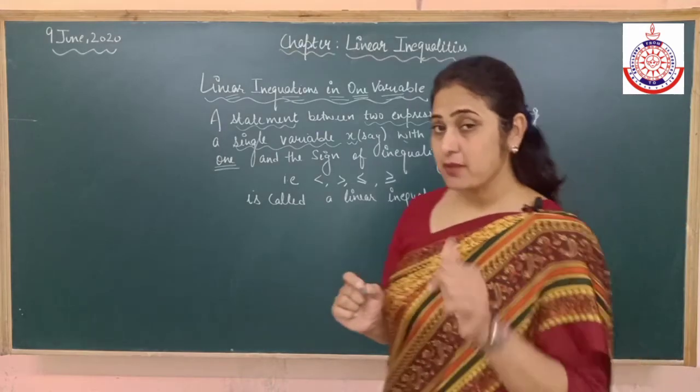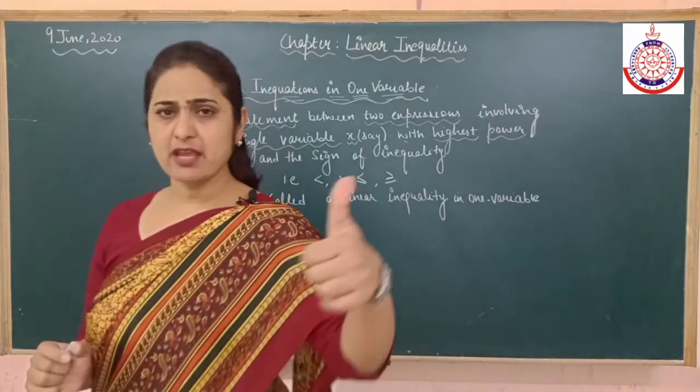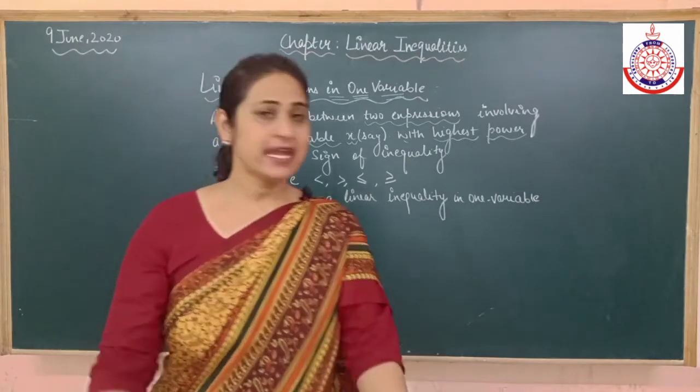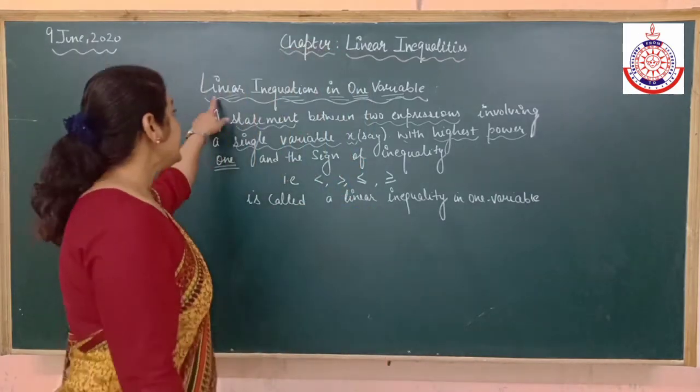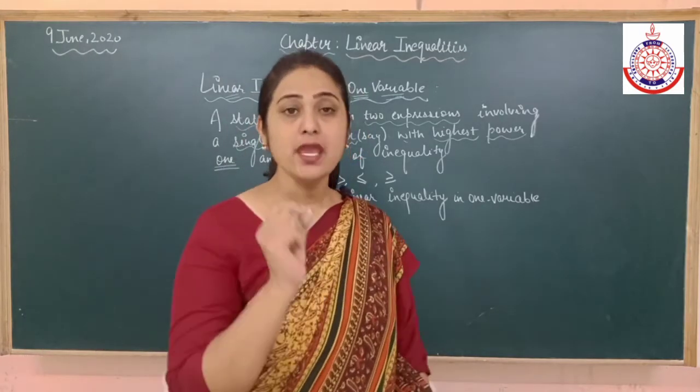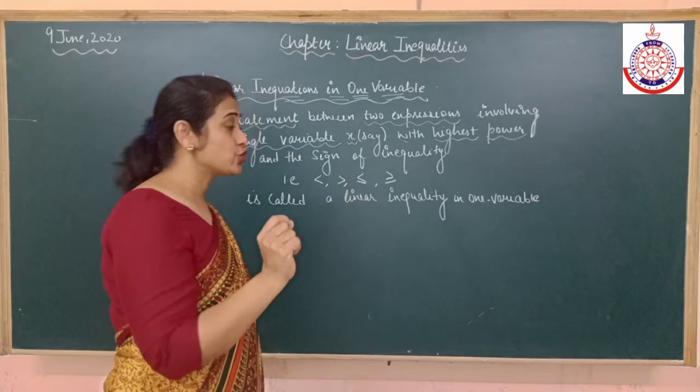It is very clear from the name: one variable means it should have only one variable. That can be any variable. It can be x, y, z, anything. And when I say linear, you all know linear means the highest power should be 1.